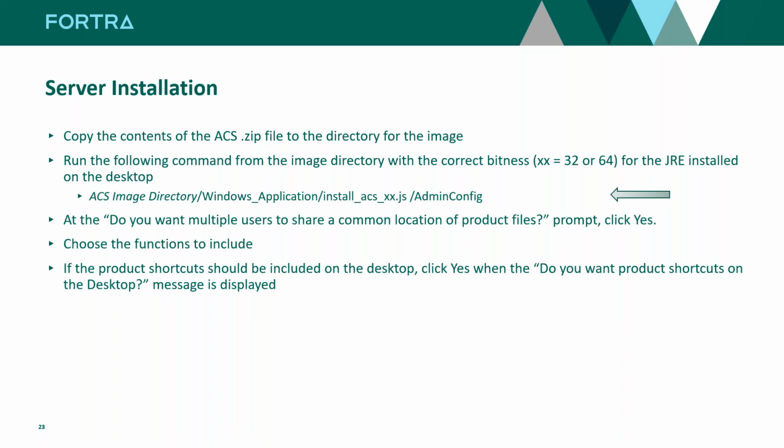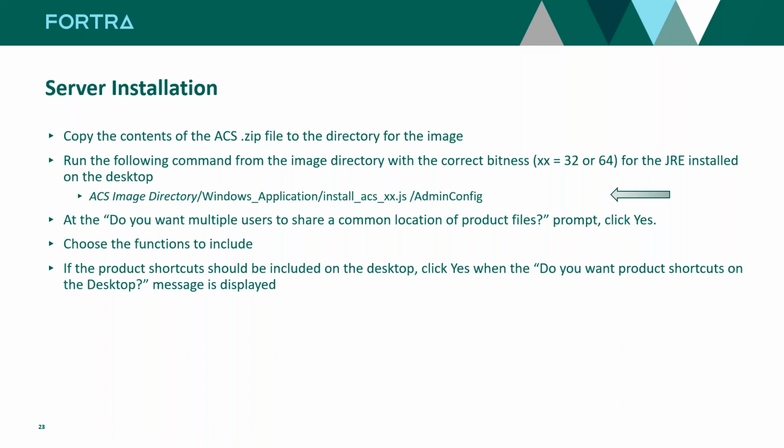So the install, as I mentioned, is a little bit different. You want to copy the contents of the zip file that comes for ACS into a directory, and you want to run the command. And this install is a little bit different in that it's got the /admin config on the back end.